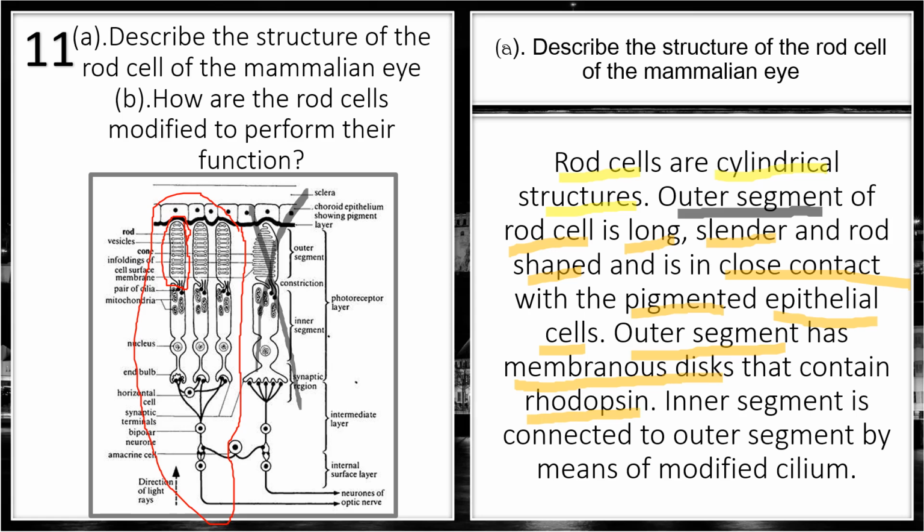They are discs that we are seeing that are moving across. Those layers that we see moving across are the discs, and those discs contain rhodopsin.